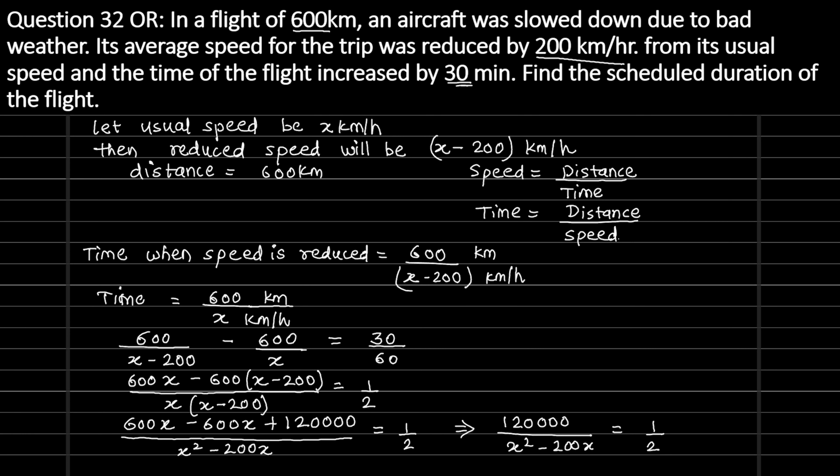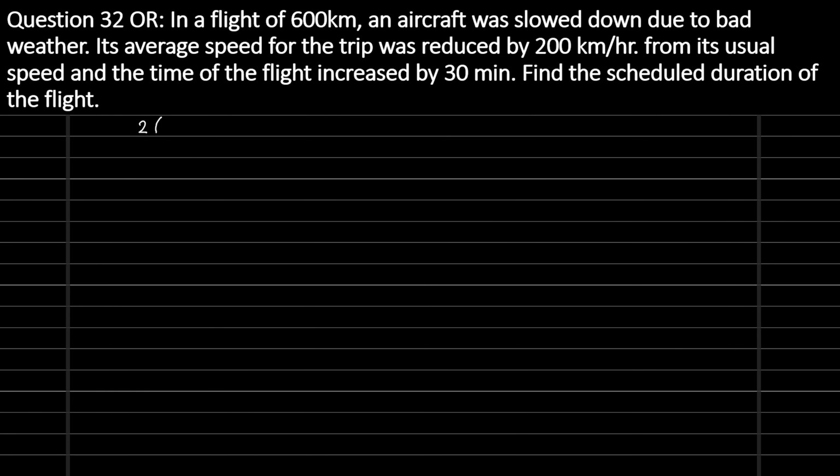Now let's cross multiply further and simplify it. 2 into 1,20,000 equals x square minus 200x. This gives us 2,40,000 equal to x square minus 200x.